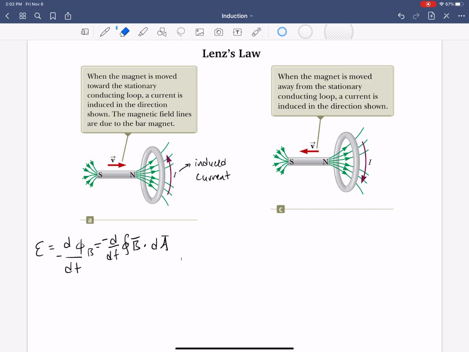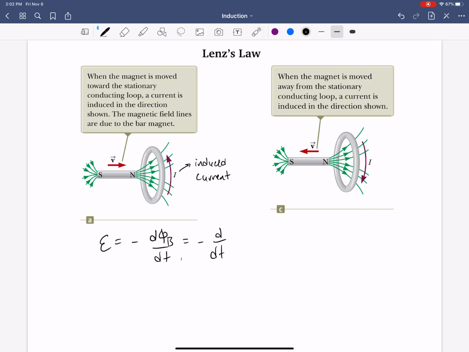So, tell you what, let me write that a little bit larger. So the EMF is now, with Lenz's law, negative d phi dt, which is negative d dt of the closed integral of B dot dA.